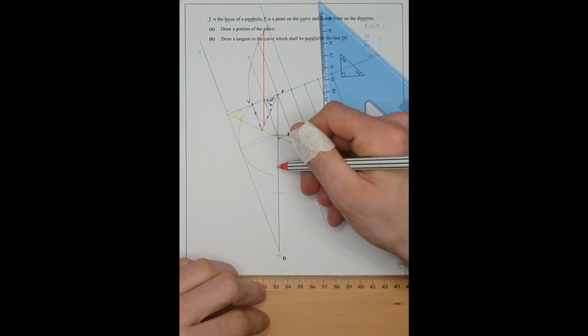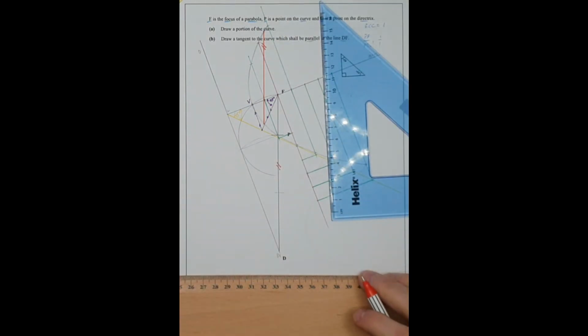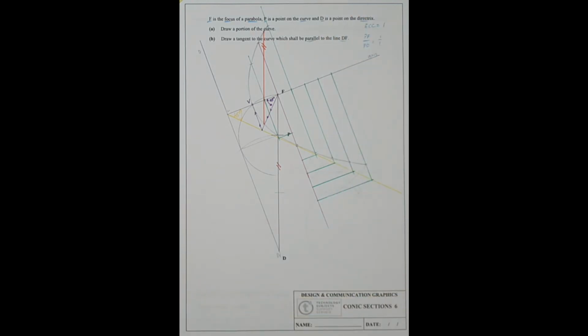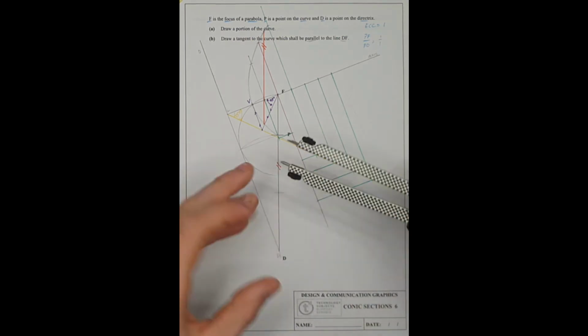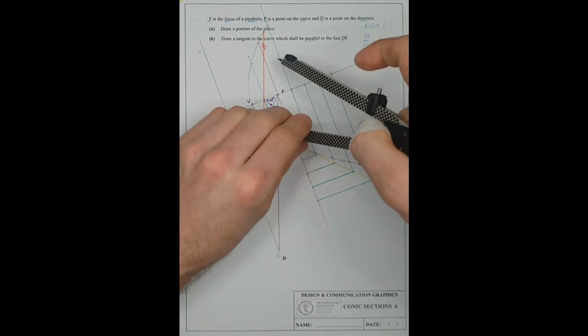So that chord, I just put maybe my 2 strikes in it there, and there. That chord is parallel to the line DF. I'm going to just bisect that chord and find the center point of it.